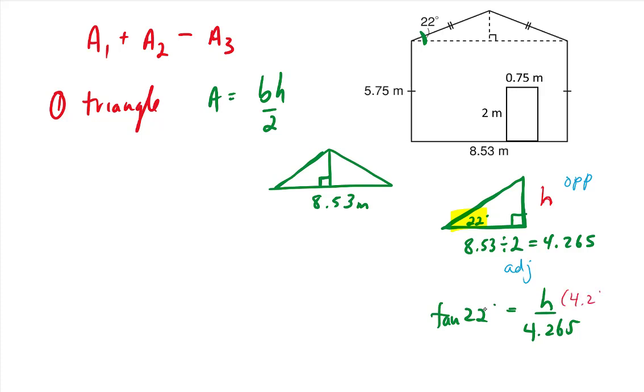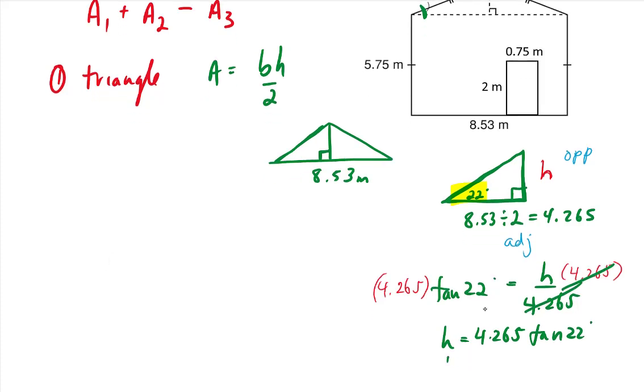So I'm going to multiply both sides by 4.265. And I get that h is equal to 4.265 tan of 22, because these cancel out. So using my calculator, I get that the height of that triangle is approximately 1.72 meters. So let's just round to 2 decimal places.